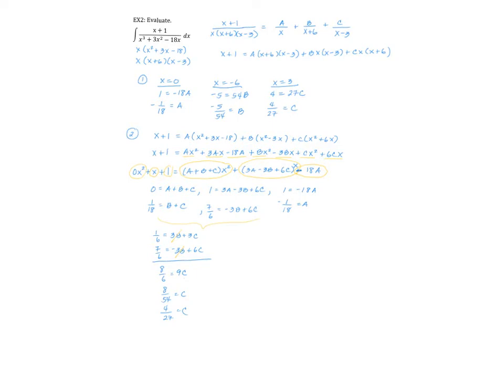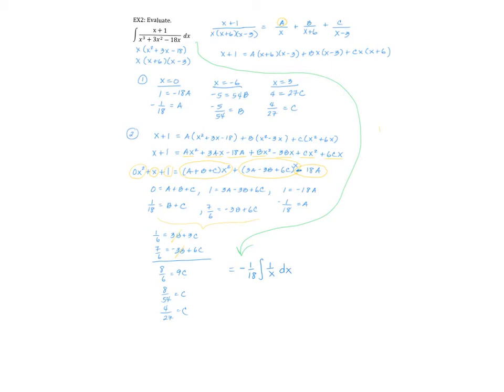We found that a is equal to negative 1 over 18. Okay, so looking back at a, that becomes negative 1 over 18. And if you think about this logically, let's look at this integral now. We can pull out that a as negative 1 over 18, the integral of 1 over x dx.